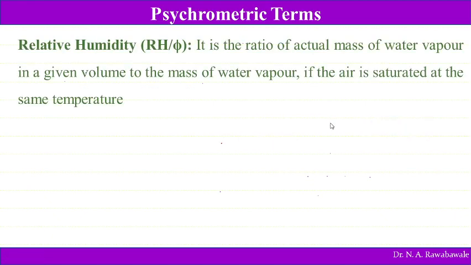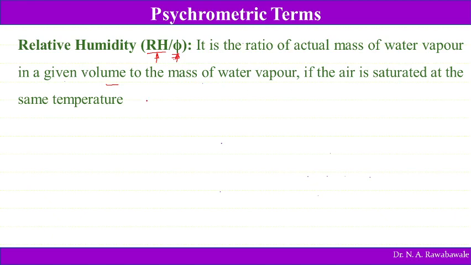Now coming to the next term, relative humidity. What is relative humidity? It is a comparison of the humidity of the air with the humidity of saturated air. It is sometimes known as RH, or it is represented by phi. How is it defined? It is the actual mass of water vapor in a given volume to the mass of water vapor if the air is saturated at the same temperature.